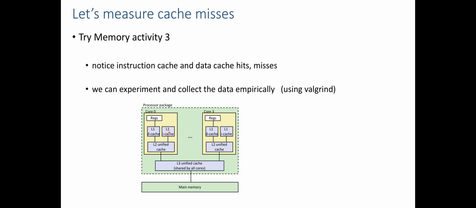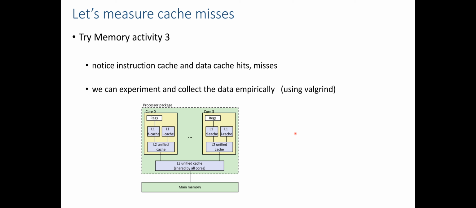The things that we intuitively understand about spatial locality are really going to show up by empirically collecting data about how many cache misses there were. You'll use this tool to be able to do that and see it. So go ahead and give that activity a try.